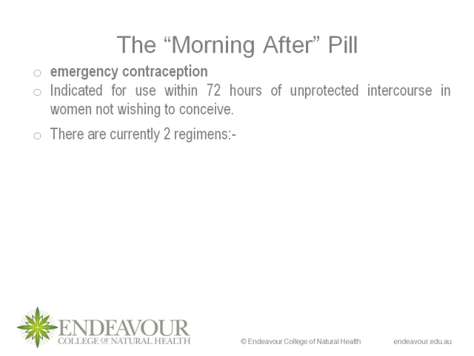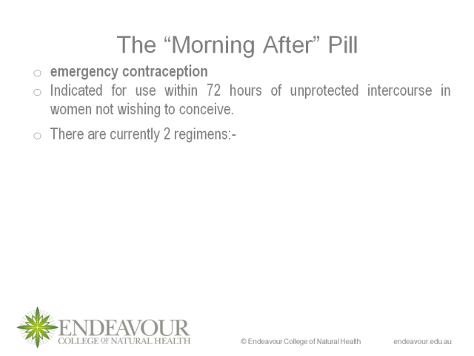In the morning after pill formulation, we said this is emergency contraception. The term morning after has been misleading for some people. It's indicated for use within 72 hours of unprotected intercourse where the woman does not wish to conceive. There could be many reasons for this, including if the woman was raped.